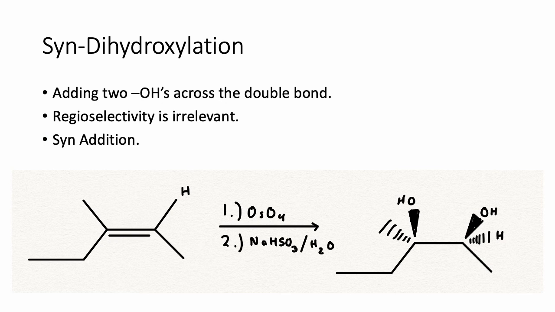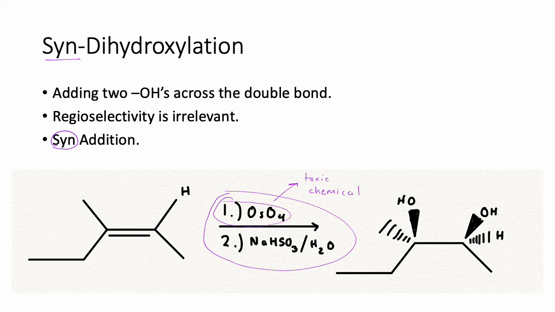And finally, we have syn dihydroxylation. This is basically the exact same thing as anti-dihydroxylation, except we're going to proceed via syn addition, as implied by its name. So we got two sets of chemicals we can use here. We can use this set of chemicals, where first we use osmium tetroxide, which is a toxic chemical.